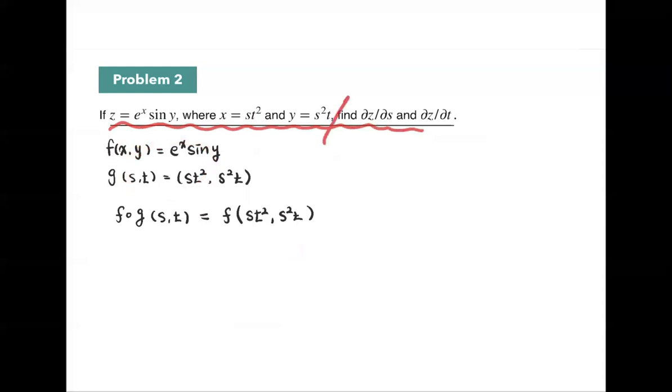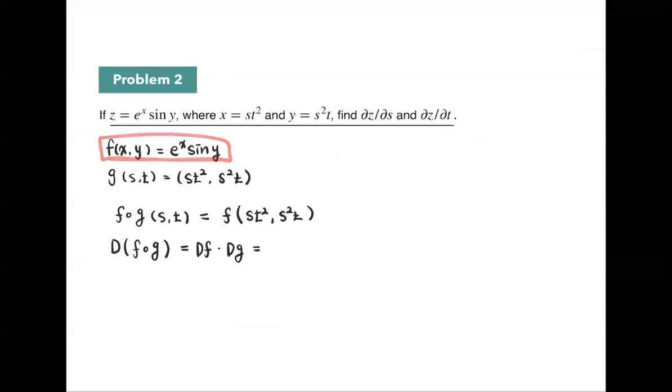Okay, this setting. So in this case, let's think about the derivative of f composition g. You know, it is the same thing with df times dg, right? And you can calculate it. Here it is not a vector valued function.